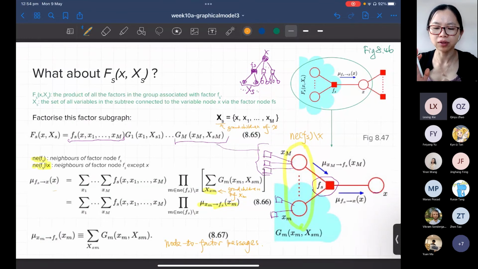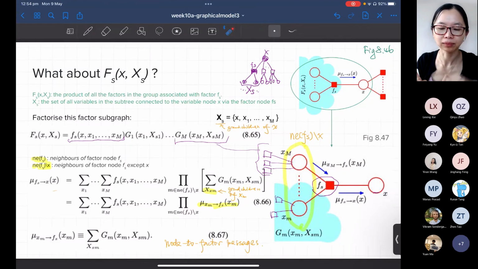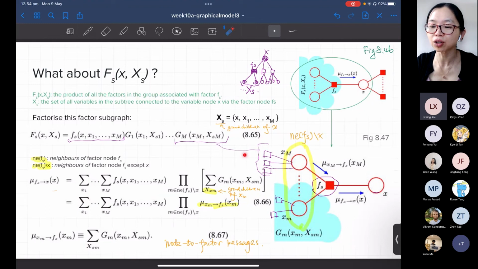So now what we have done is defined node to factor messages as the sum over all the downstream nodes, where we haven't drawn them, of the product of the G terms.